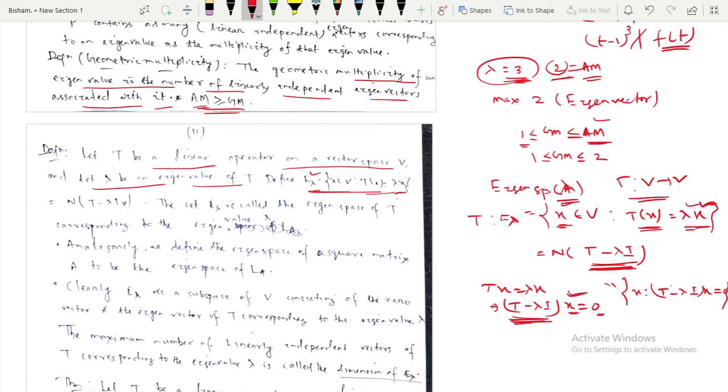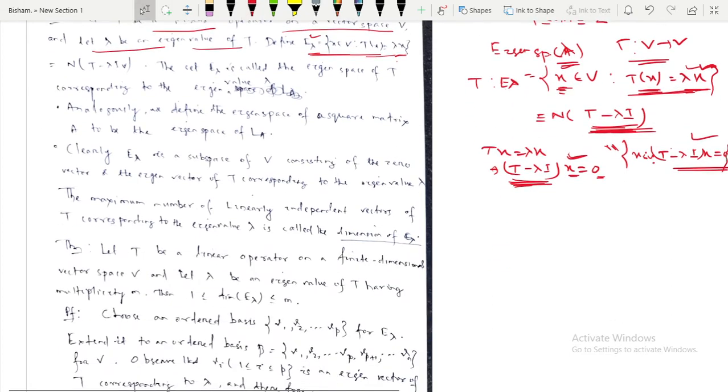So E lambda is those x belonging to V such that Tx is equal to lambda x, or this is the null space of T minus lambda I. In this way we already evaluated the eigenvectors in the last class. Then clearly E lambda is a subspace of V consisting of the zero vector and eigenvectors of T corresponding to the eigenvalue lambda.